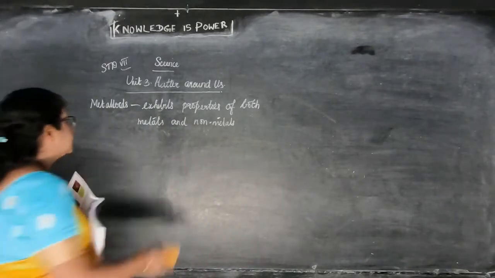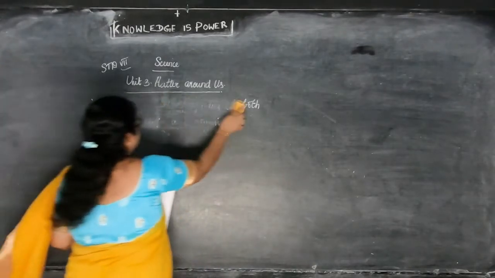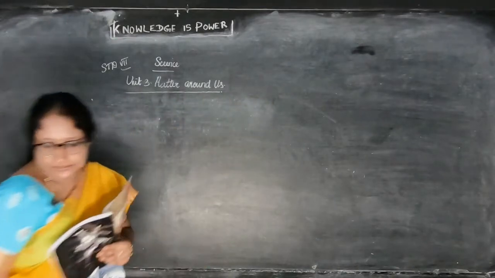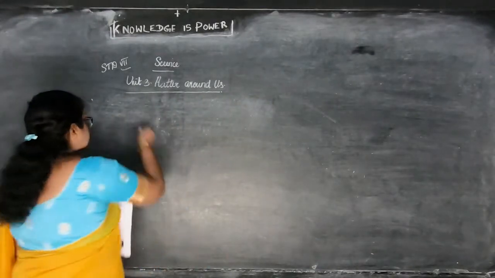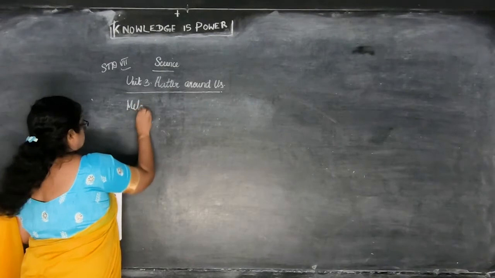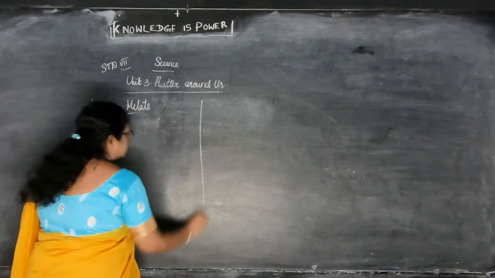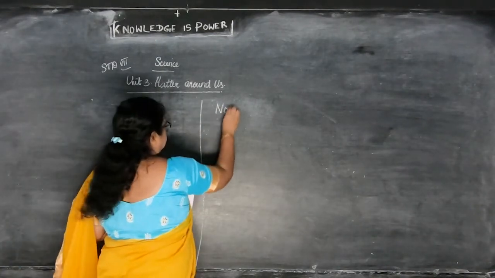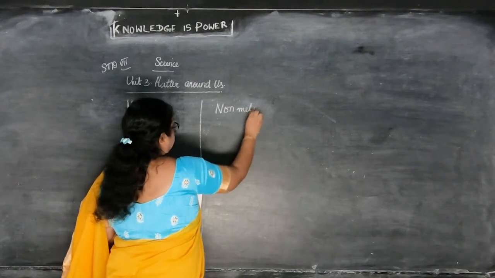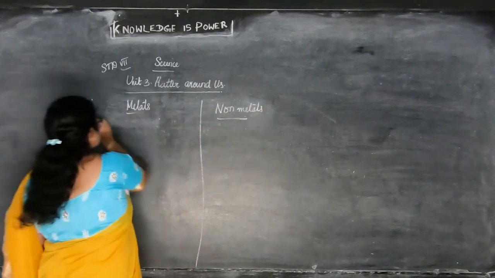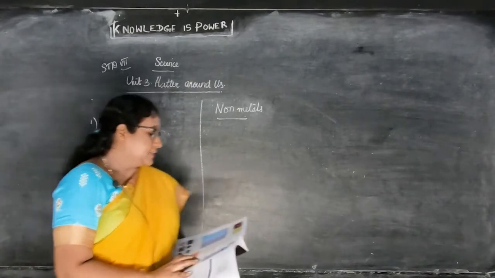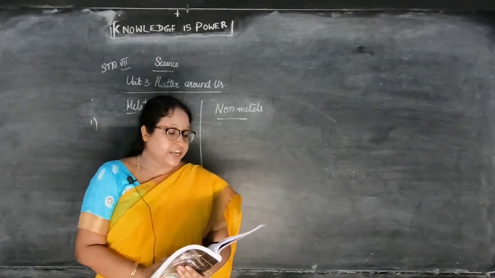So what's the difference between the metals and non-metals? Now we'll see the differences. So the first one is metals are lustrous. They have a shiny surface.